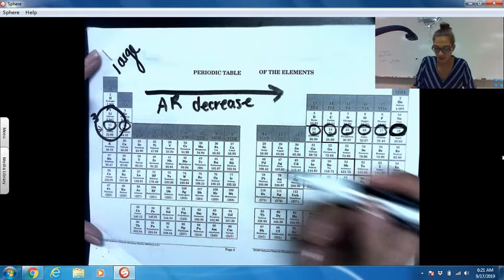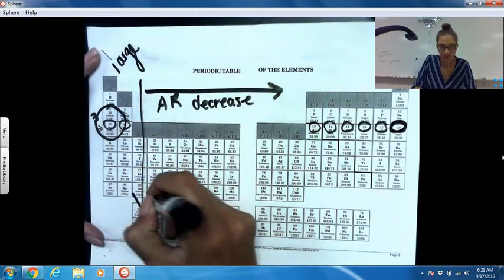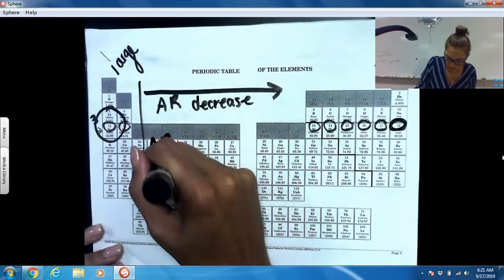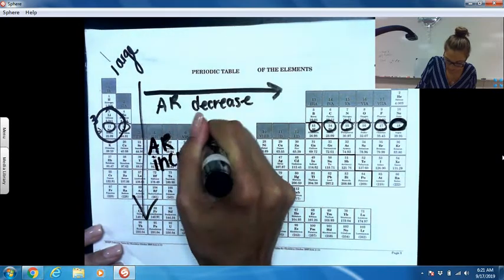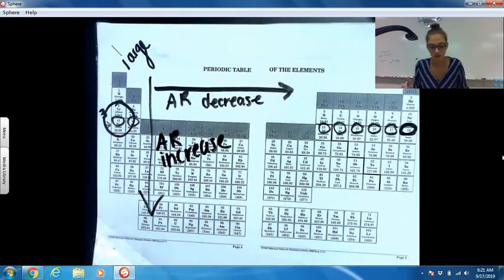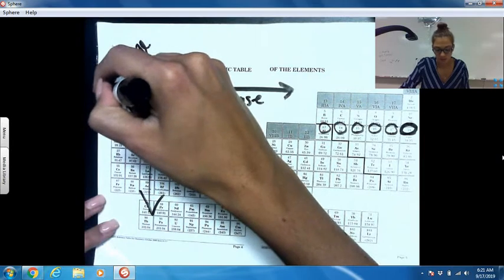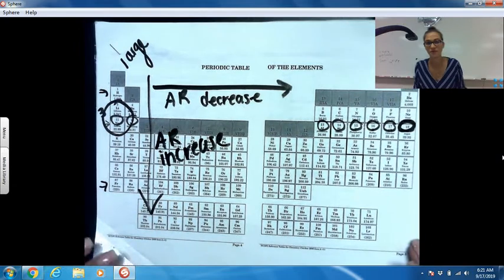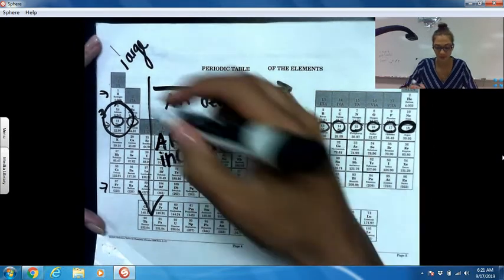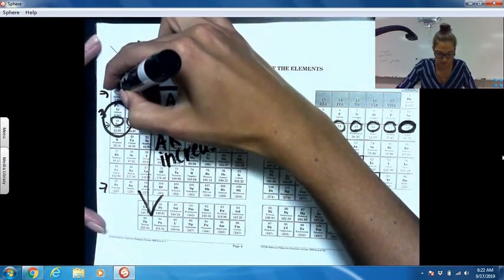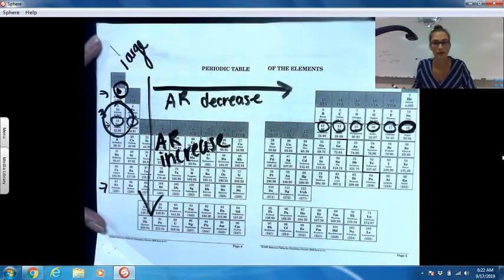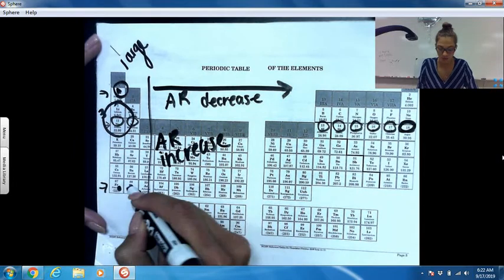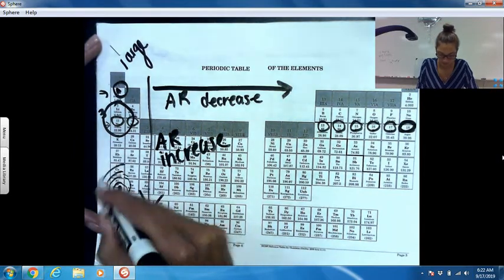Now, when we think about going down the periodic table, atomic radius is going to increase. Okay, so here is our first energy level, and here is our 7th energy level. If we think back to the Bohr model, 1 energy level means we have a nucleus and 1 energy ring. Francium, we have 7 energy levels and 7 rings.